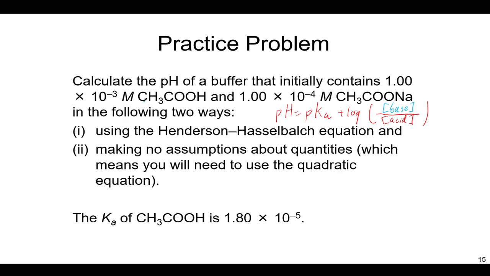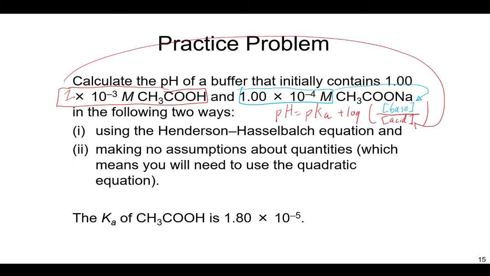The base here, reading through, CH3COOH looks like my acid. This thing with sodium is the strong electrolyte, so this is my base. So this is going to be the number here. That becomes my base number. And this other number is the number I use for my acid, 1 times 10 to the negative 3. That goes in down here.